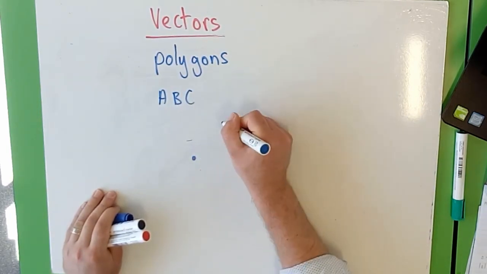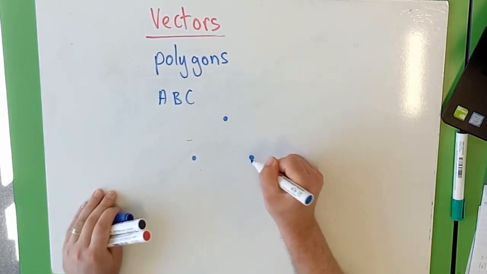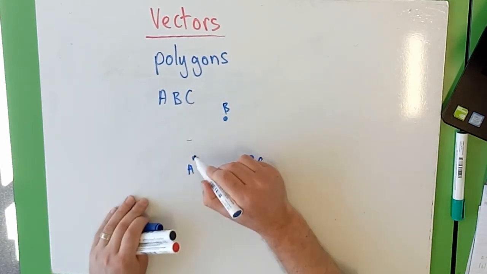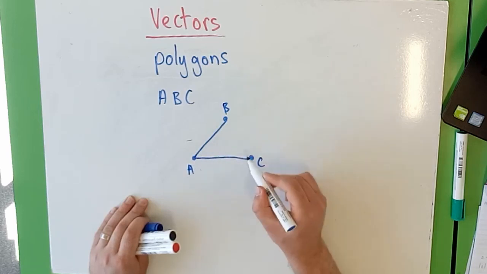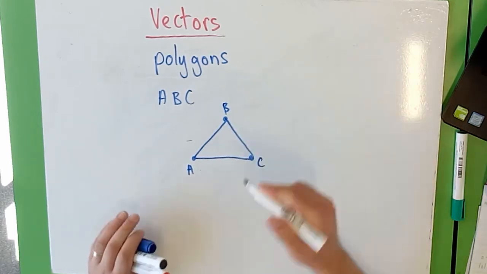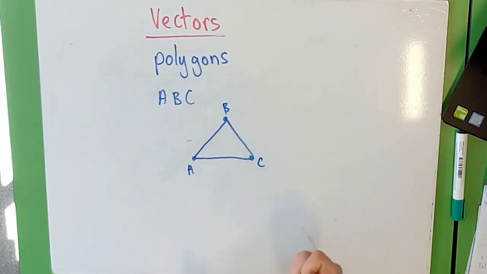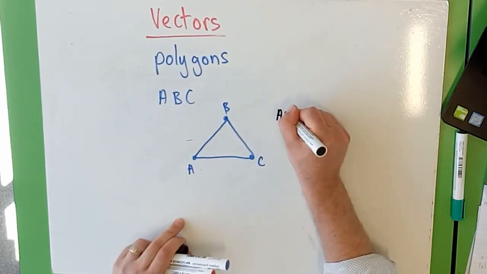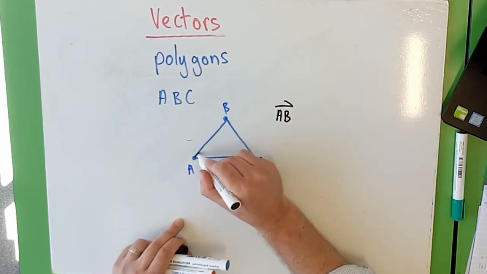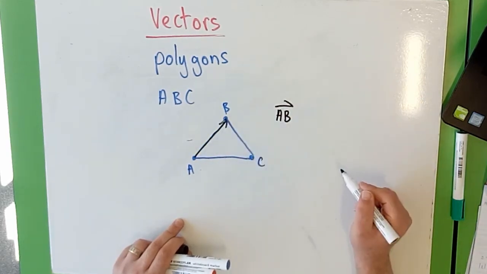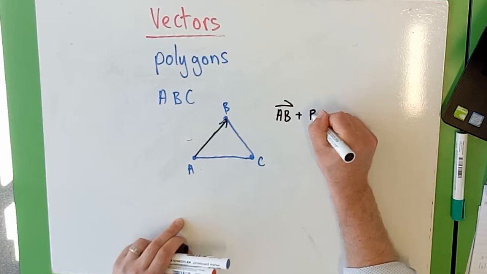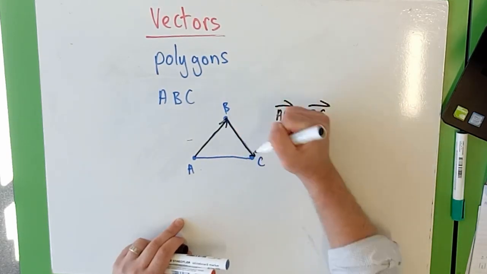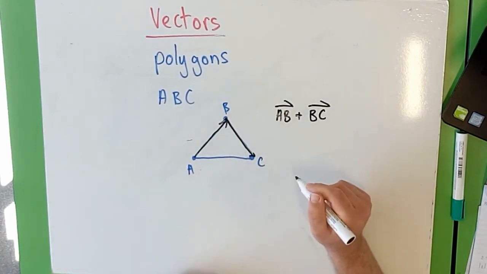So A, B, C. Now, if we're looking at addition, vector AB is going to be this vector along here with an arrow on the end, and then we add the vector BC, which is this vector here. They're added head to tail. So that's vector addition.